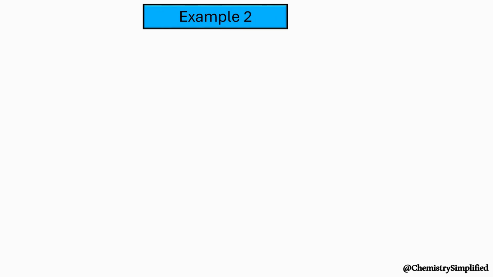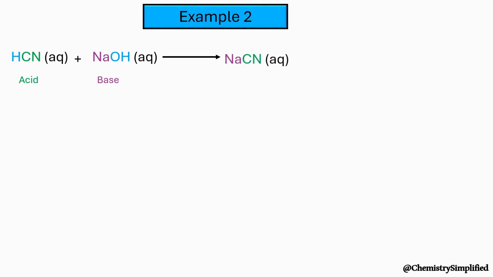Let's look at one last example. We have hydrocyanic acid, which is a weak acid, plus sodium hydroxide, which is a strong base, and the end product is sodium cyanide, the salt, plus water.